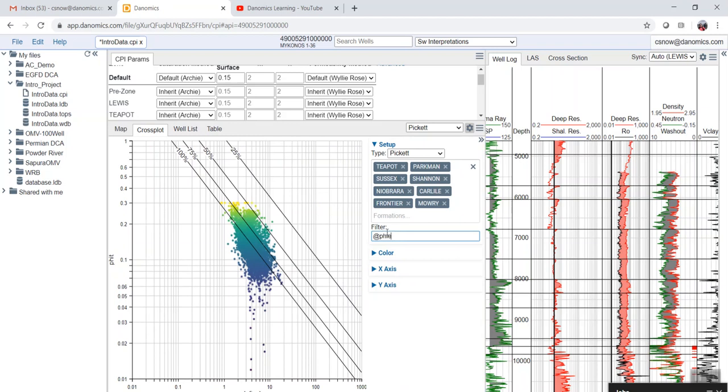So I'm going to say effective porosity is greater than about 4%. And I want our V clay to be less than or equal to about 40%. You'll notice that a lot of the data down in this area will be filtered out.